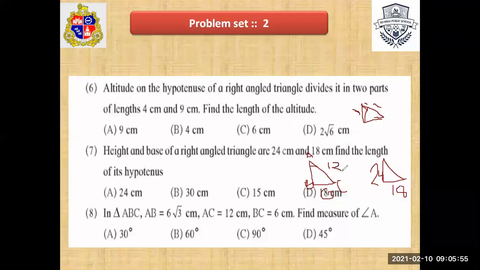So this side is half of the hypotenuse. BC is half of the hypotenuse. In a 30 degree angle, the opposite side of 30 degree is always equal to half of the hypotenuse. So the measure of angle A is 30 degree. So in this way, we solved 8 MCQs.